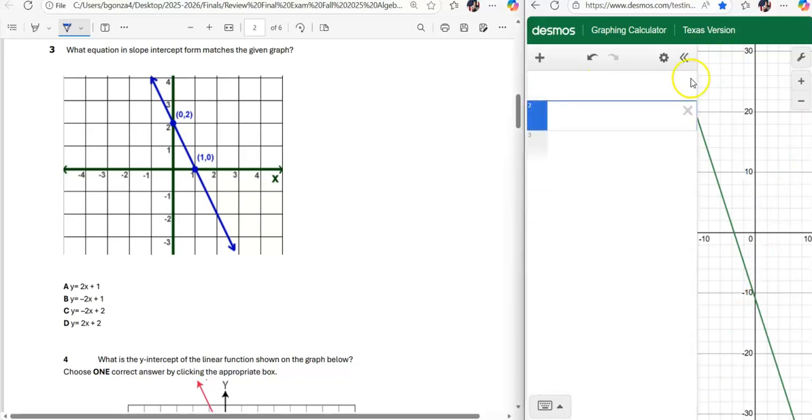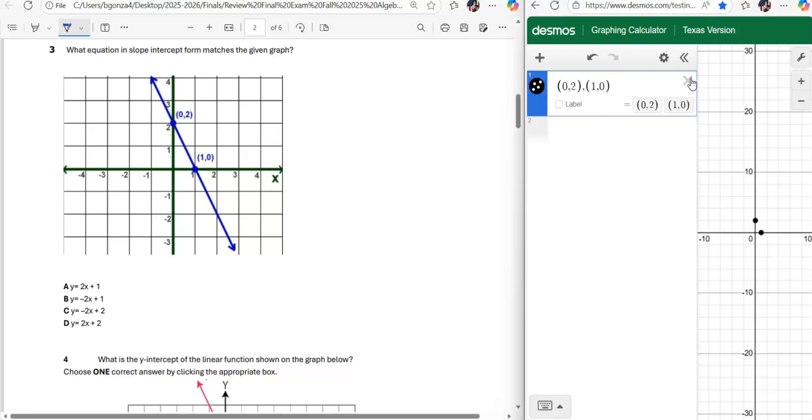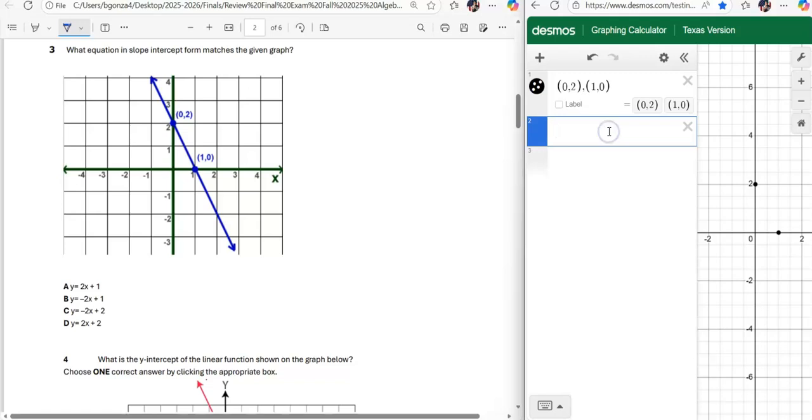So once again, you can graph and compare. I see 2 points, 0, comma 2. If you type it in, comma, and then the other point, 1, comma 0, do you see how they're graphed here? And now you can just, once again, graph these answer choices. That doesn't go through it.